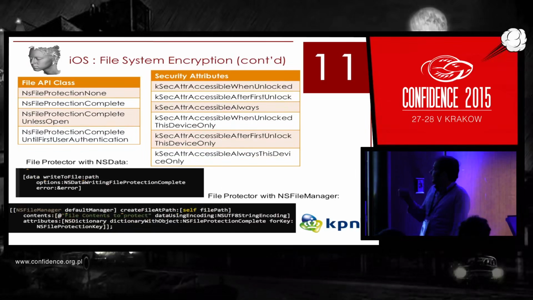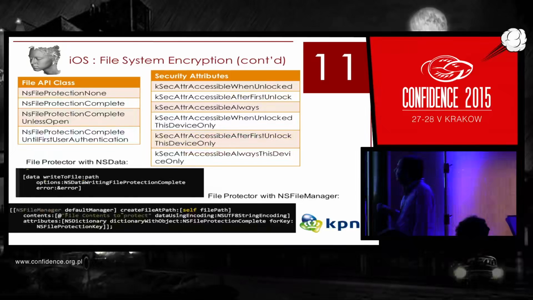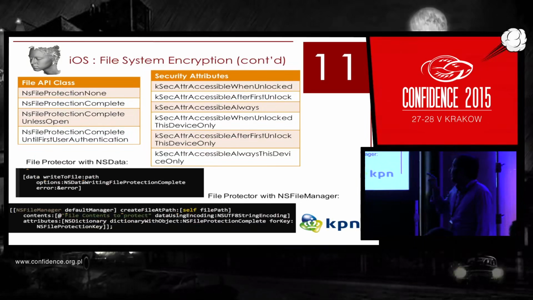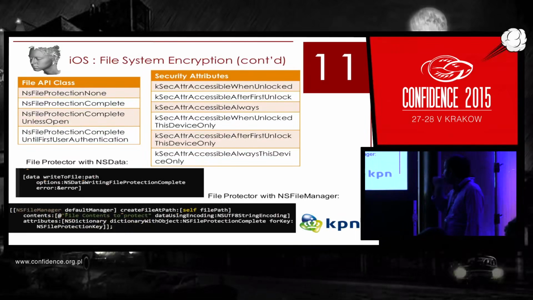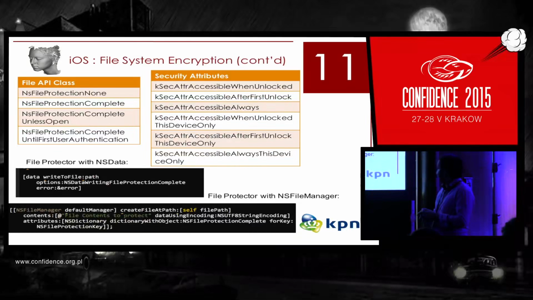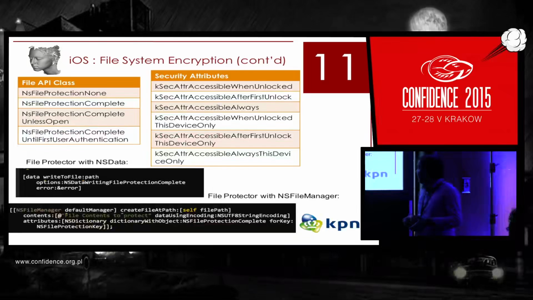For example, with file protection, we can set a file without any protection. The protection could be complete unless open. And these API classes also define some attributes. For example, when you want to allow writing to a file, you can define that this operation can be done only after the device is unlocked, or you can simply allow a file to be written always or read always.